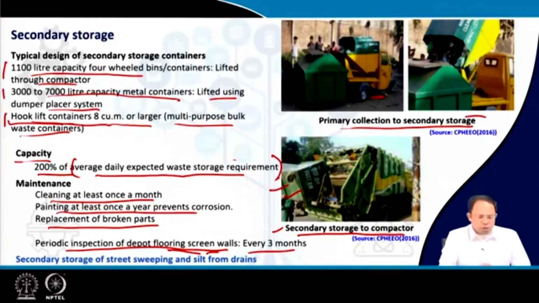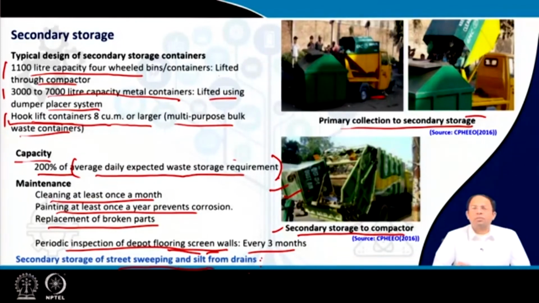And for secondary storage of street sweeping silt from drains, we have to provide separate storage containers. Once drain cleaning is done, this silt is lifted and put on the side of the road. So this could be collected by our waste collectors, and stored in separate containers.